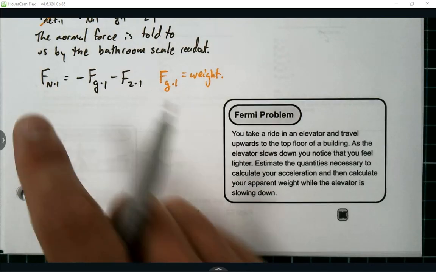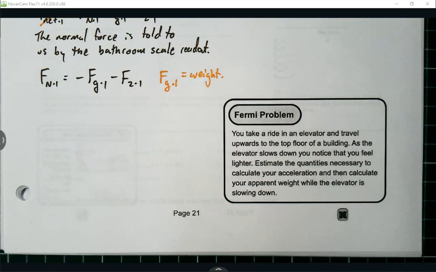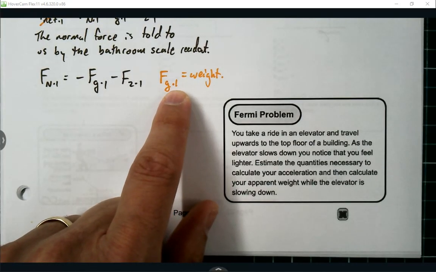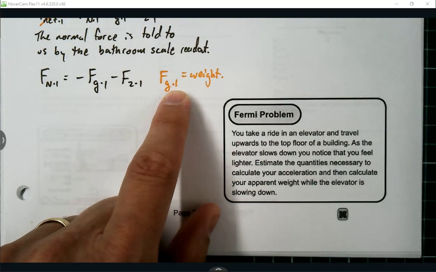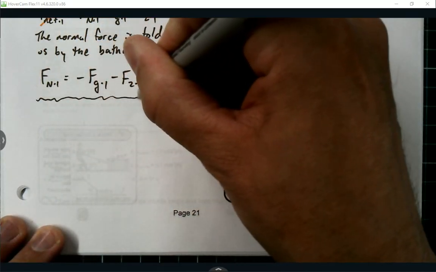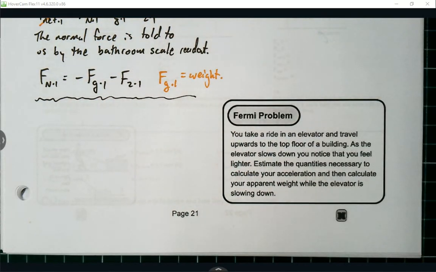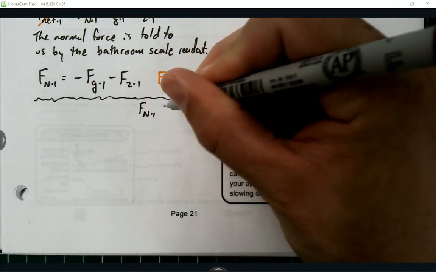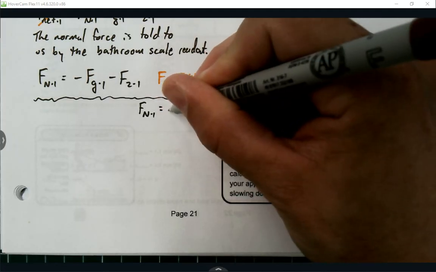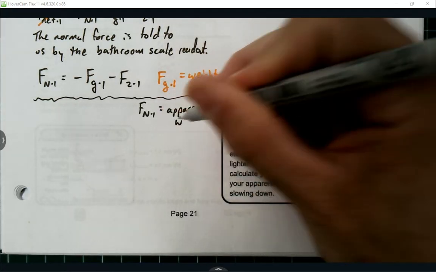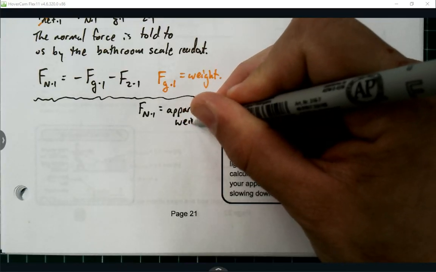So I just want you to know that when somebody says, what's the apparent weight, they kind of mean what the normal force is. What's the weight? Well, that's just Fg. Fg is always the weight. So apparent weight is kind of an odd thing to say, but really they're asking for the normal force. So maybe let's just make a little note to ourselves. F normal on 1, the apparent weight. That's what the readout would be on the bathroom scale.